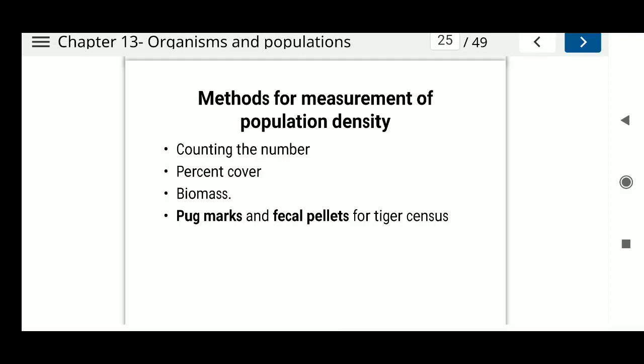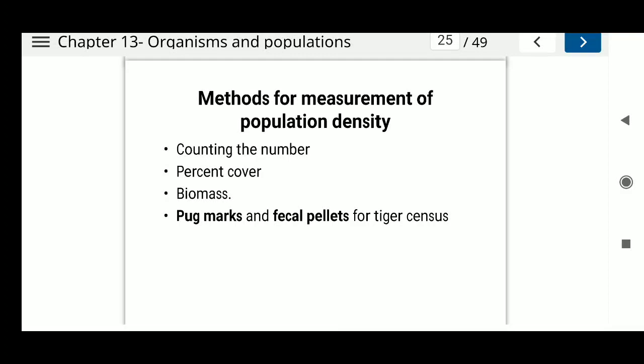Like suppose in a pond, if you trap the fishes, from how many fishes are trapped in one trap, you can get an idea how many fishes are present in that pond. Now if you see the national parks and all, we count the population of tigers. How do we count?